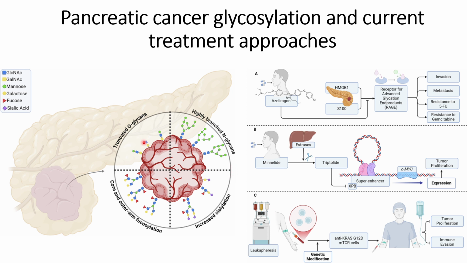And the changes in the glycosylation profiles are usually observed in patients who are affected with pancreatic cancer. These glycosylation profiles can also be used as biomarkers. One of the biomarkers, for example, is CA19-9, which is a biomarker based on glycosylation profile.